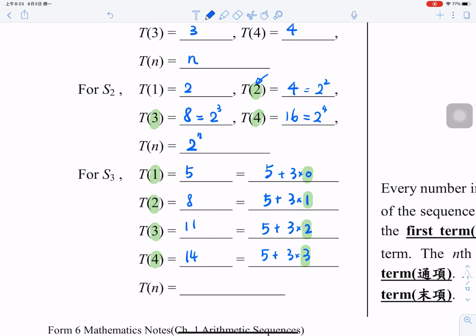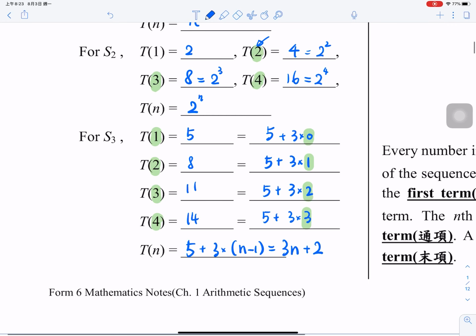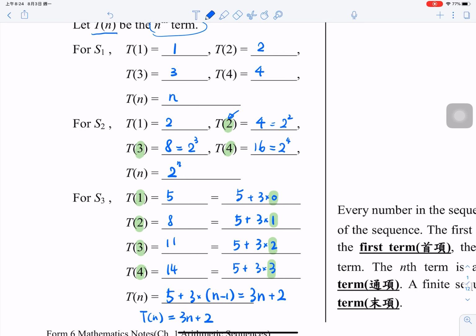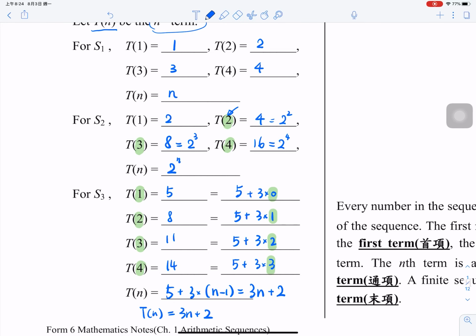What are you talking about? That means the fourth term you times 3. The third term you times 2 only. The second term you times 1 only. The first term you times 0. How about the nth term? Yeah, times n minus 1, correct. So as a result, the general term Tn is 3n plus 2. Okay? Now you know how to find the general term by observation.